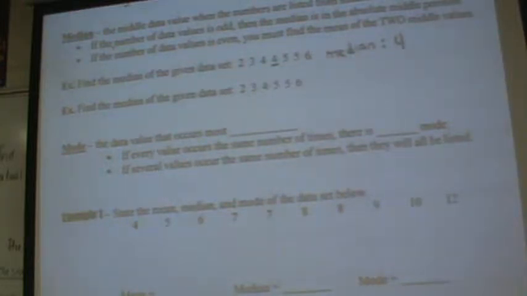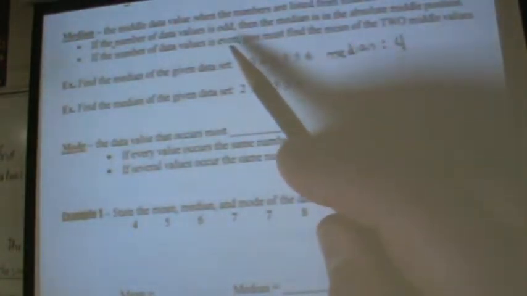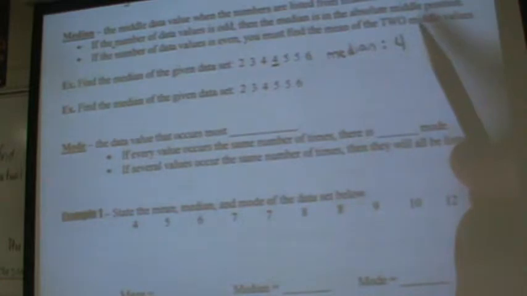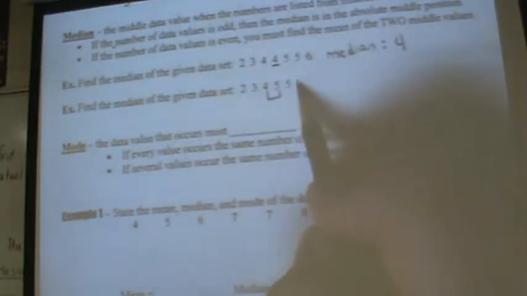For our second example, we have to find the median of this set. We're given 1, 2, 3, 4, 5, 6 numbers, so this time we have an even number of data values. We have to take the mean of the 2 middle values. Our 2 middle values are this 4 and the 5, because we have 2 data values on the left side and 2 on the right side.